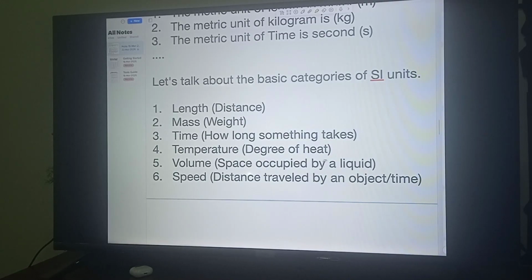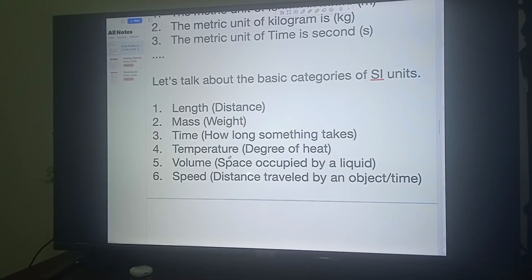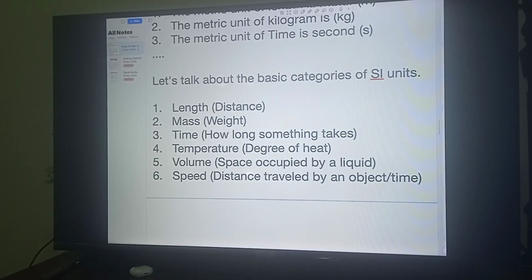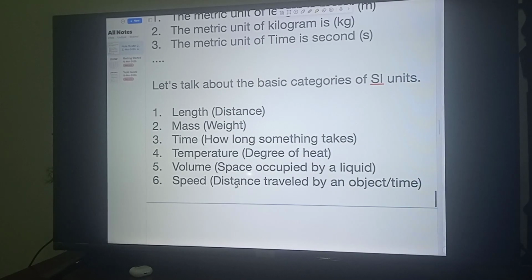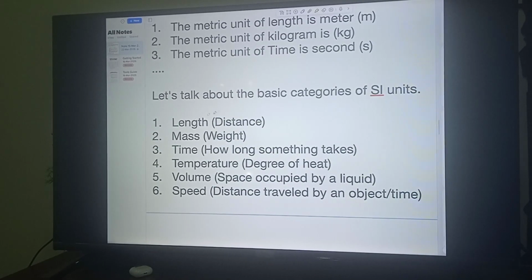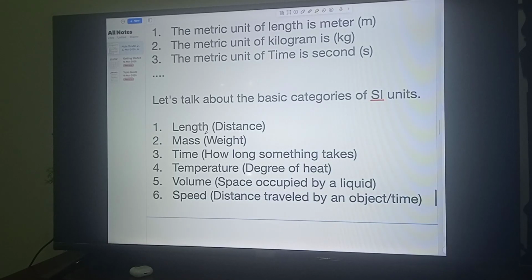Temperature measures the degree of heat of an object or an environment. Volume. Volume is the space occupied by a liquid. Speed. Speed is the distance traveled by an object in a given time. So these are the 6 basic categories, and we will discuss each of them one by one in detail.